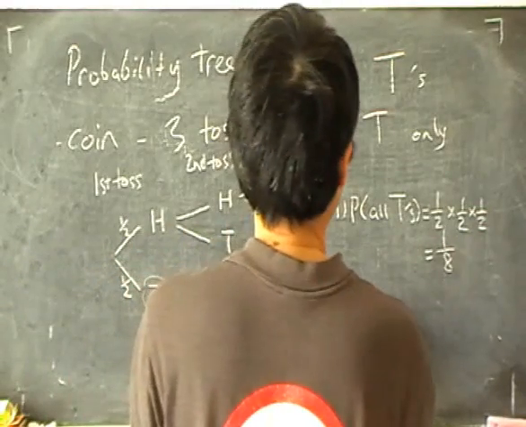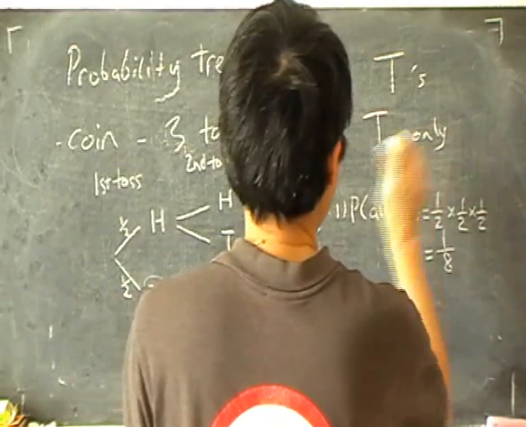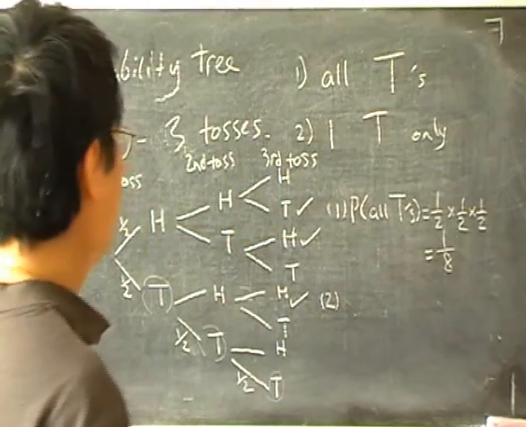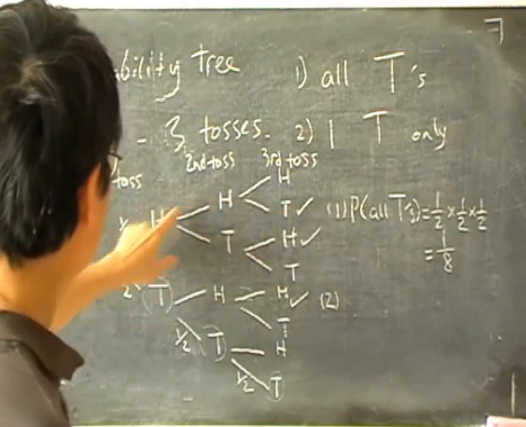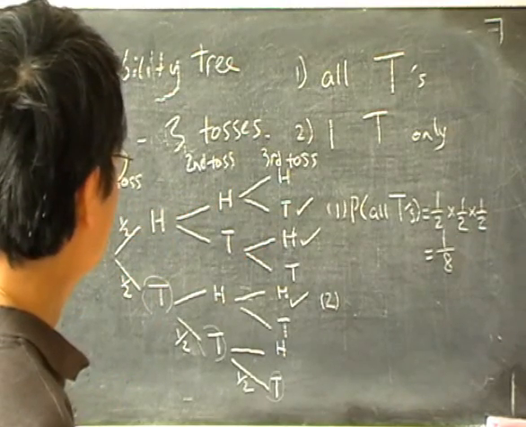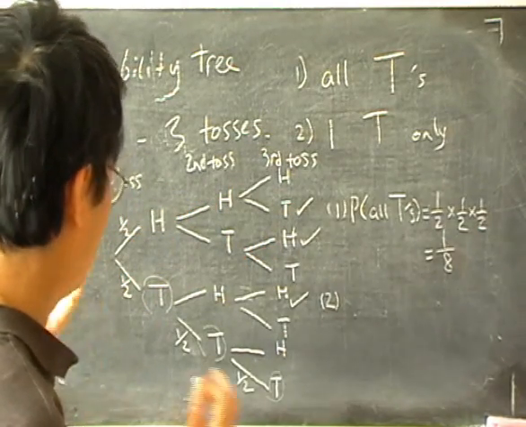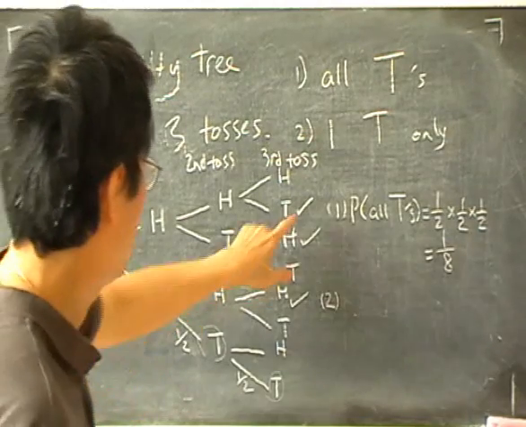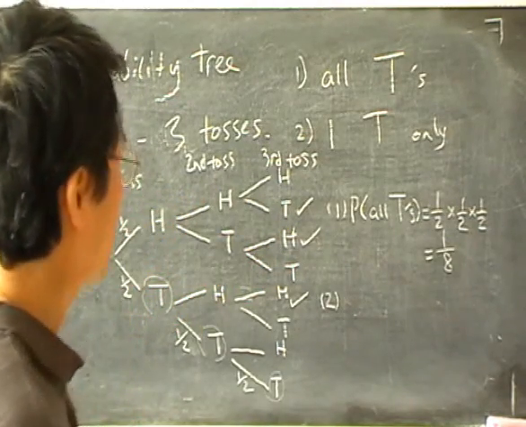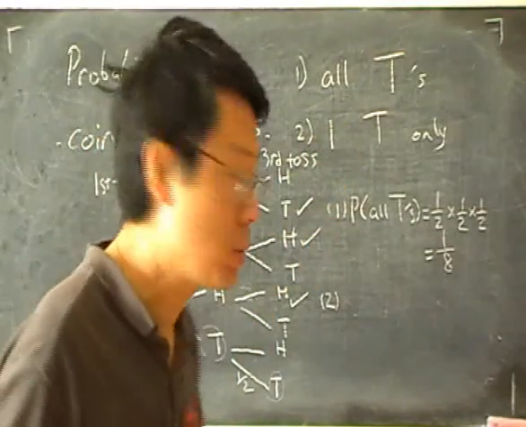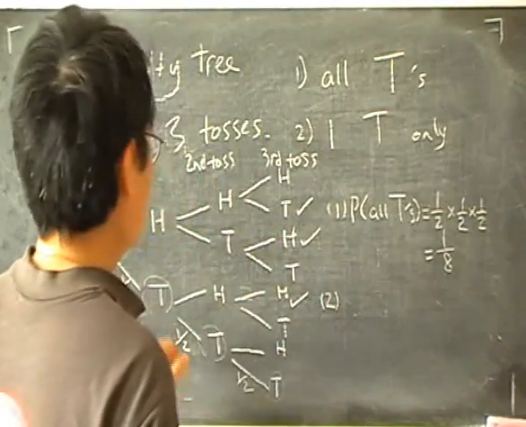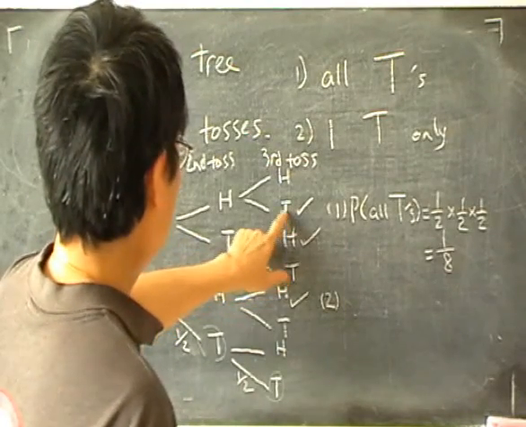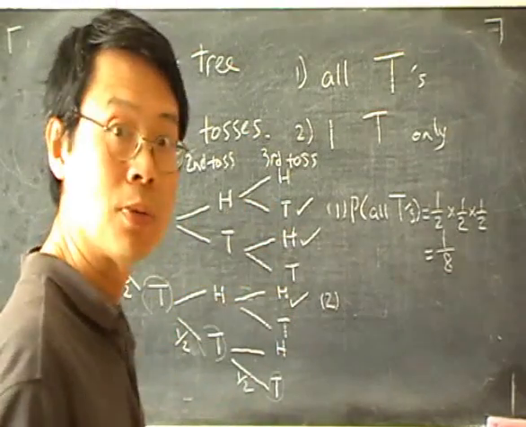Now I want to find the probability of having 1 tail only. But we find that there are 3 possible events, or 3 possible chains of events that can give us 1 tail only. Let me write all of them down. So this is when I have head, and tail.